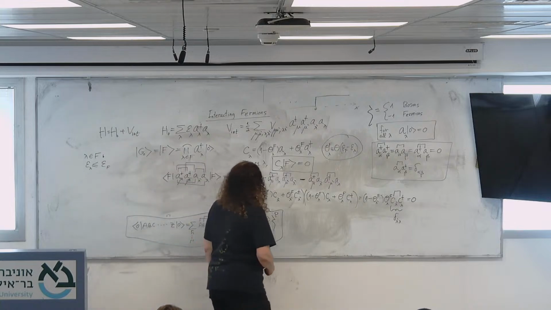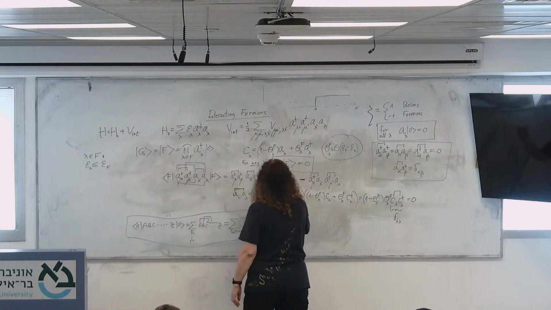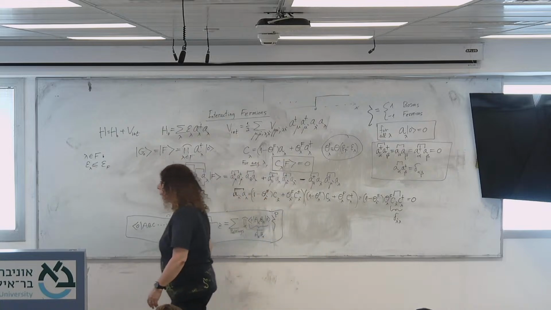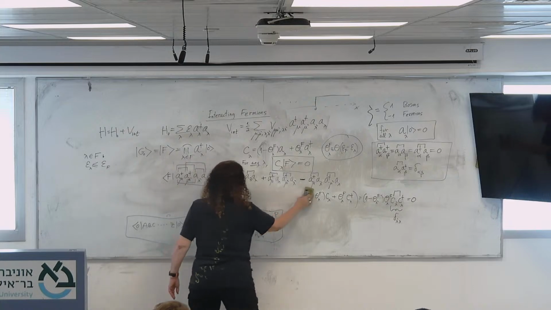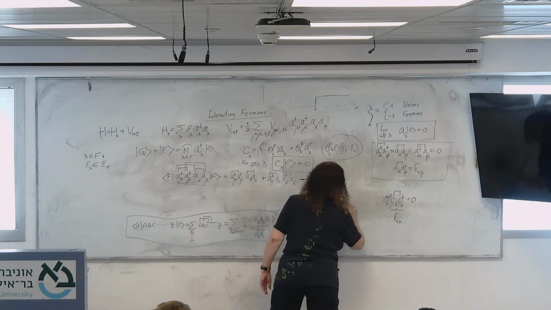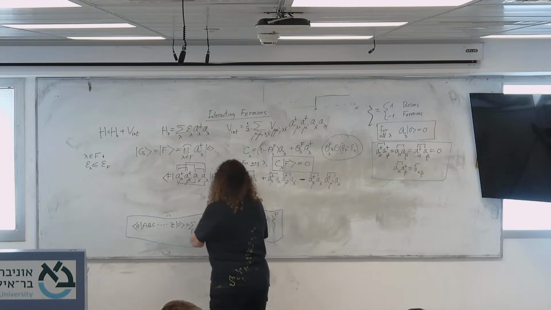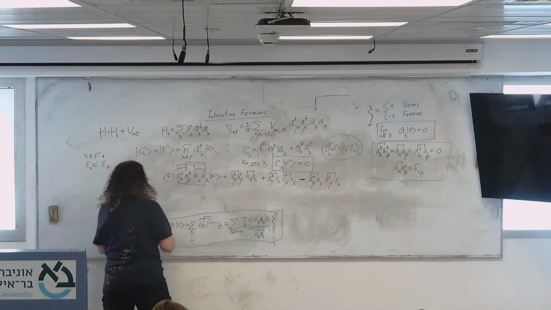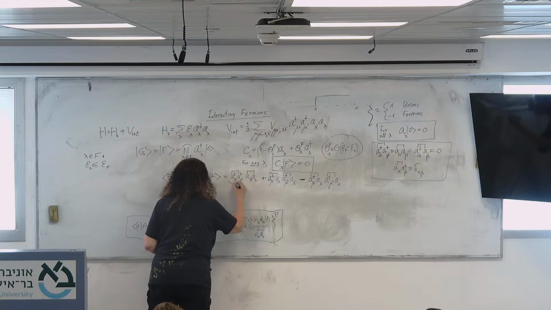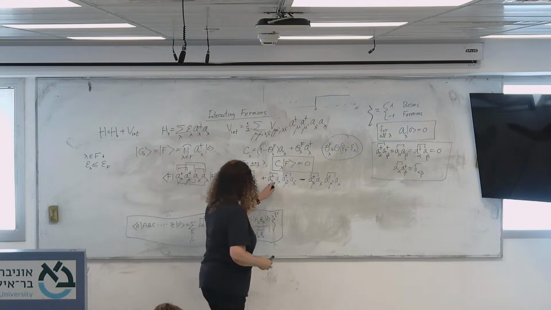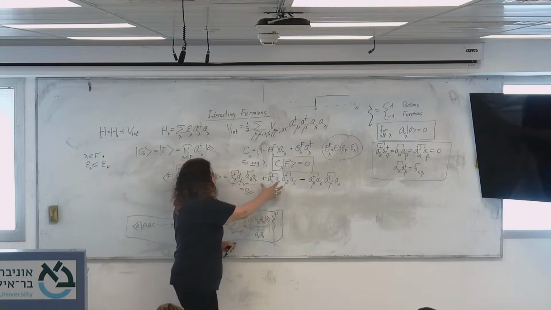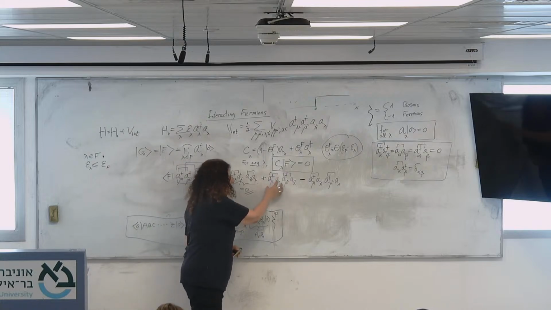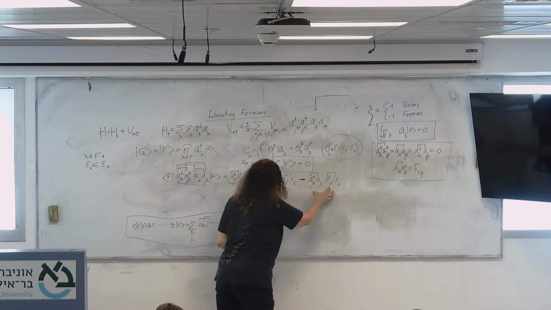But now, if I'm looking at the other two terms, so first of all, this is 0, and now I want to look at the other two terms, and notice that one of them comes with a plus sign and the other with a minus.